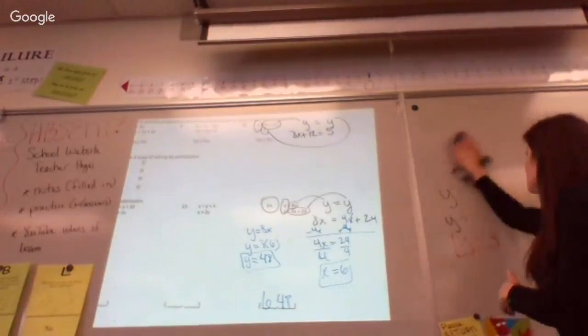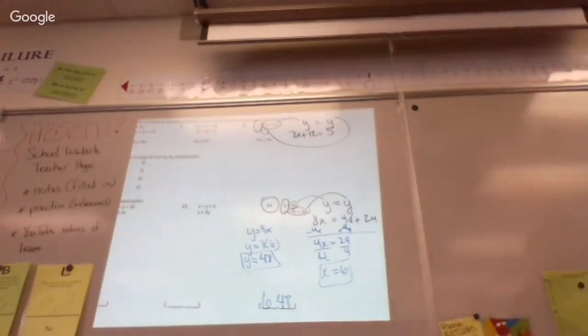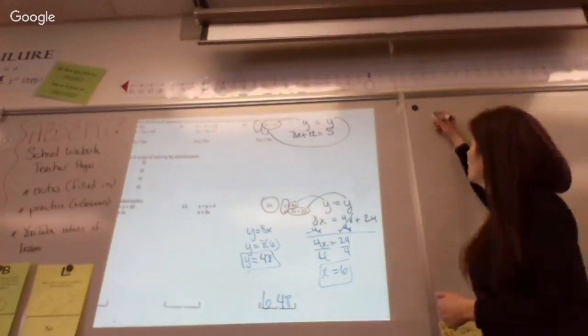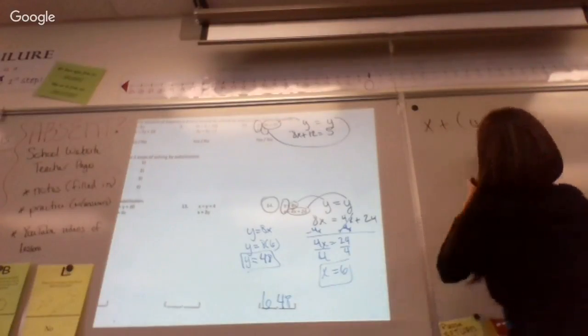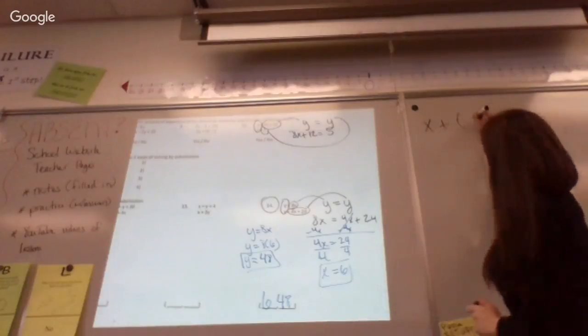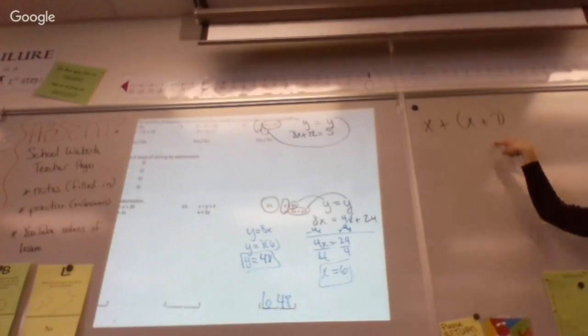Okay, there is something special in number 17 that I want you guys to see. Everybody, eyes up here, no matter what number you're on. So, if I have x plus 7, there's something in there that we never talk about because it doesn't affect us.